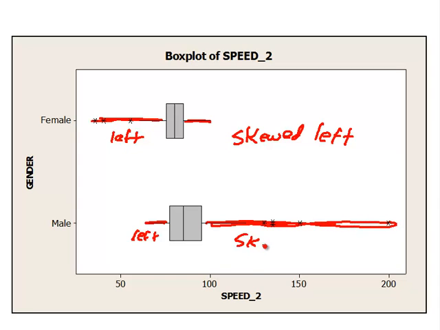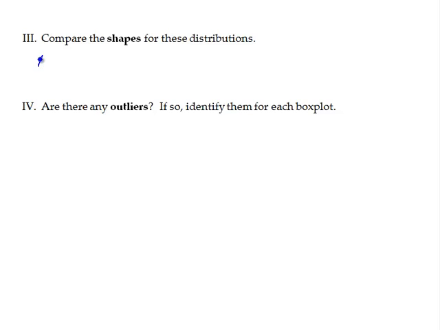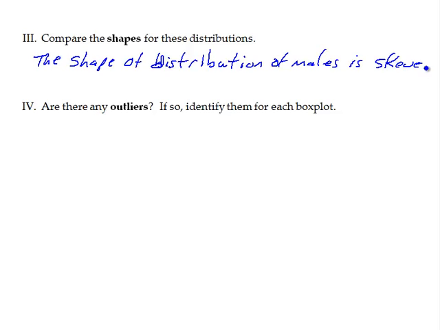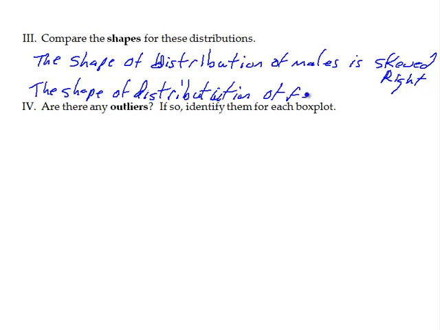We would say this is skewed right. So for number 3, the shape, the distribution of males is skewed right. The shape, the distribution of females is skewed left.